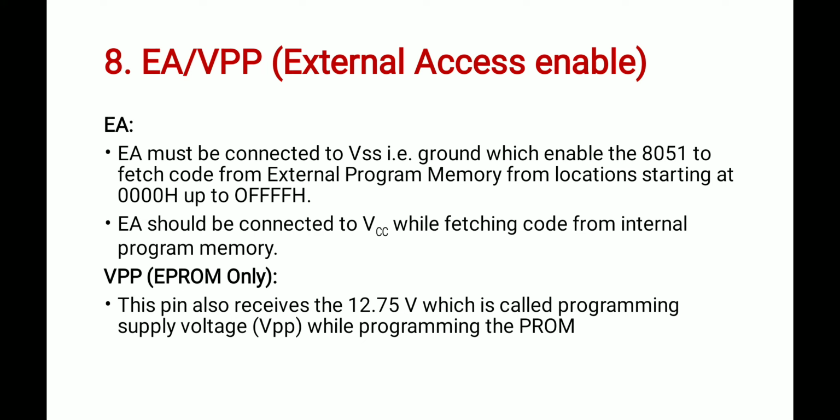Means if you connect the EA pin to ground, then we can execute the code from the external memory only, and if we connect the EA pin to VCC, then we can fetch the code from the internal memory only. We cannot fetch the code from the external memory. Then this pin also receives 12.75 volts, which is called the programming supply voltage VPP, used while programming the PROM. So this is the EA pin.